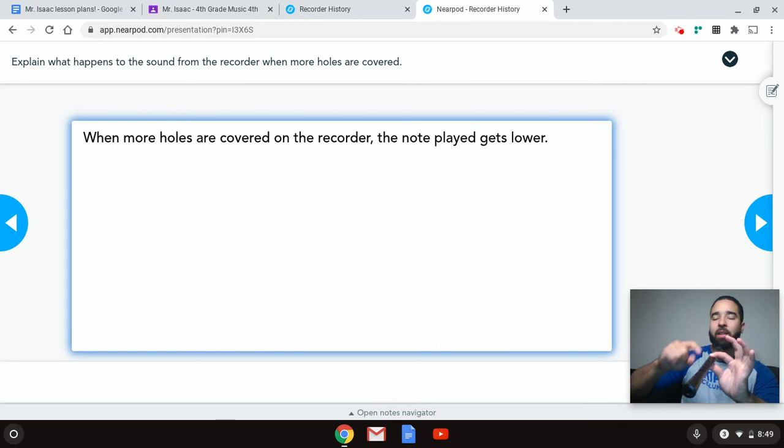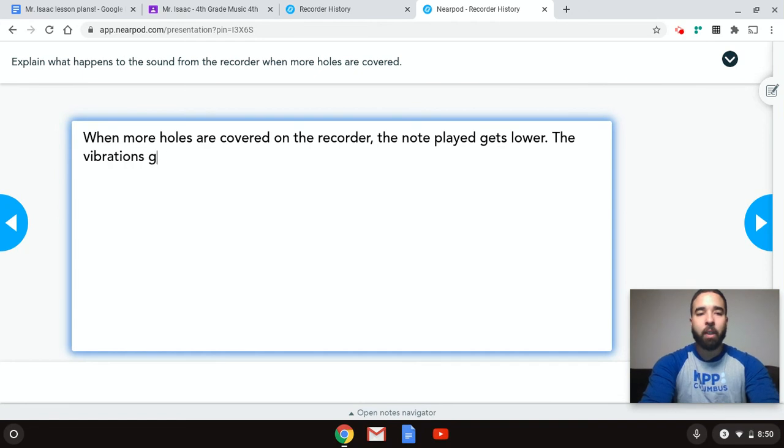So you can see as I'm playing this, and as I get lower and lower, the vibrations go slower and slower. So when more holes are covered on the recorder, the note played gets lower. The vibrations get shorter as more holes are covered. So if your answer is something like that, you're on the right track.